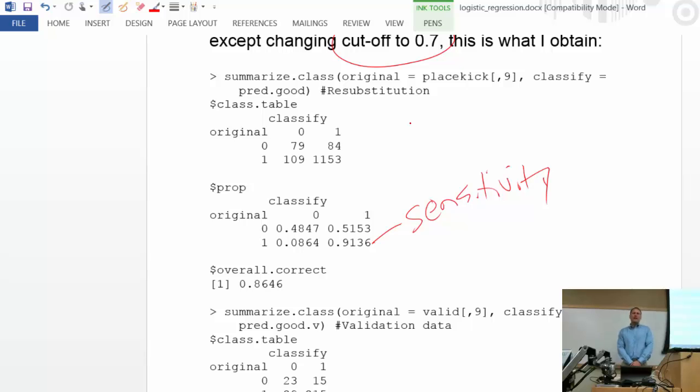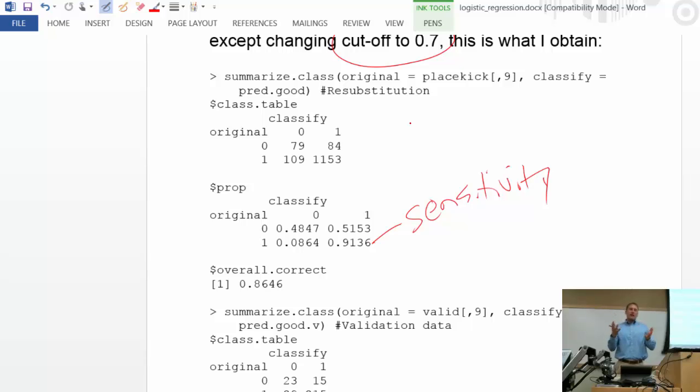Why does it make intuitive sense for why it's going down? Exactly. So there was some stuff that I'm missing that were successes before, that had a probability between 0.5 and 0.7.